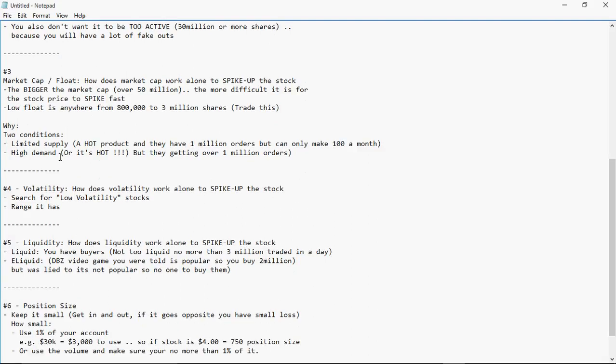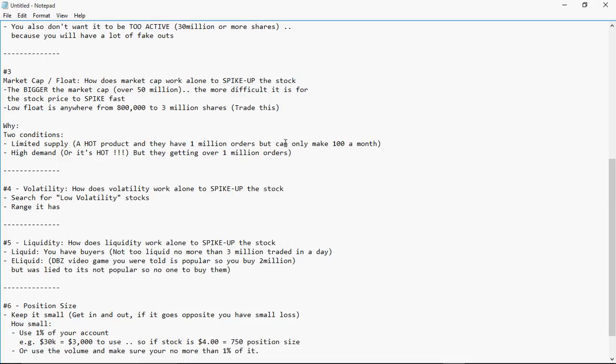Now let's look at two conditions here. You might ask the question, why does it operate like this? Here's why. You need to understand limited supply and high demand. For example, let's say there's a hot product and you have 1 million orders.